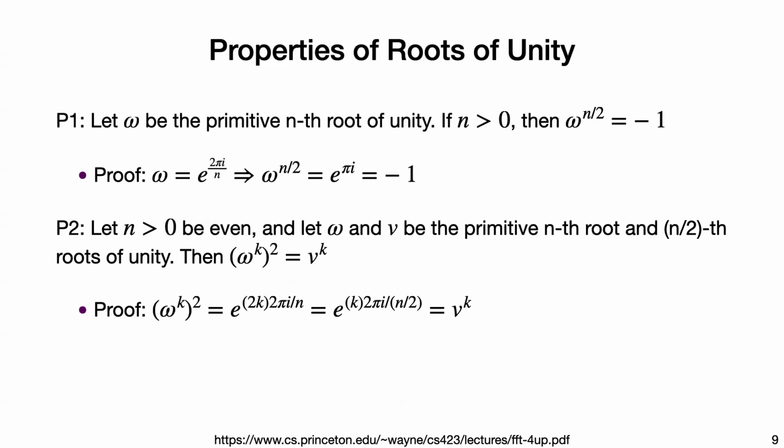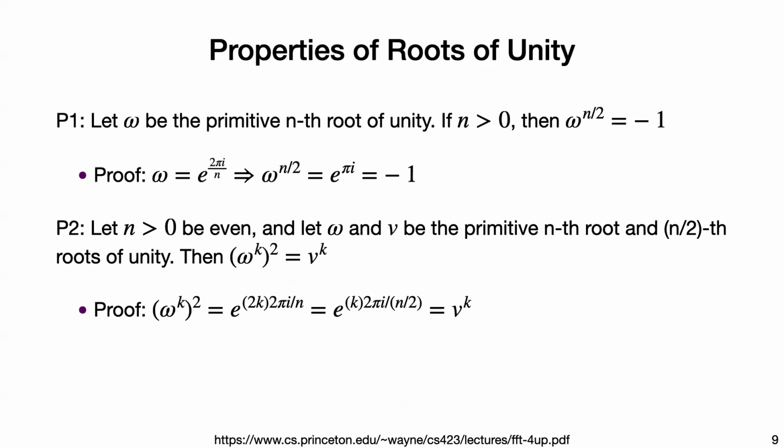And the second thing is this recursive property: you have omega and v, which are the nth root and n over 2 root, then you will get the second half repeating the first half. So the proof comes from here, omega to the k squared. We plug into this equation, 2k times 2 pi i over n.